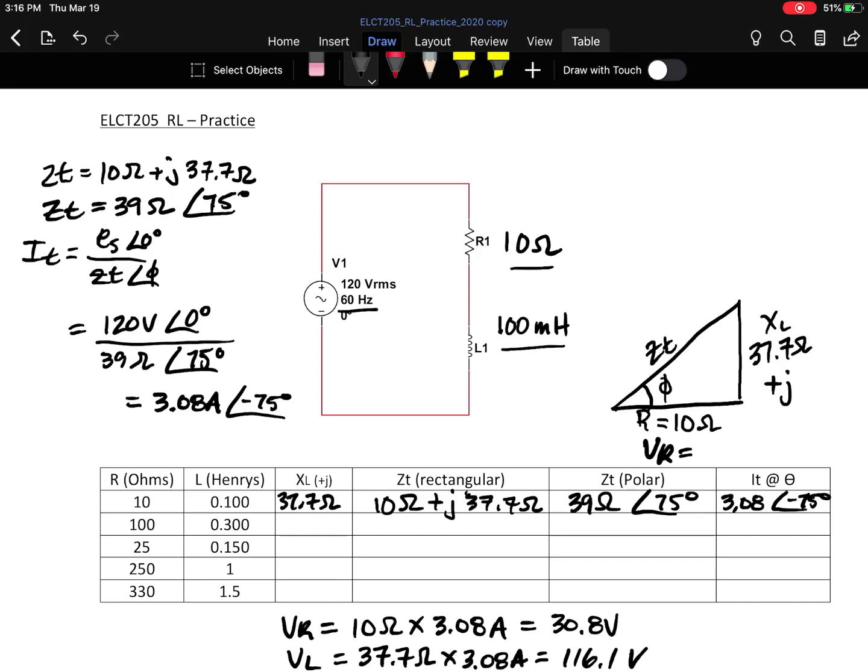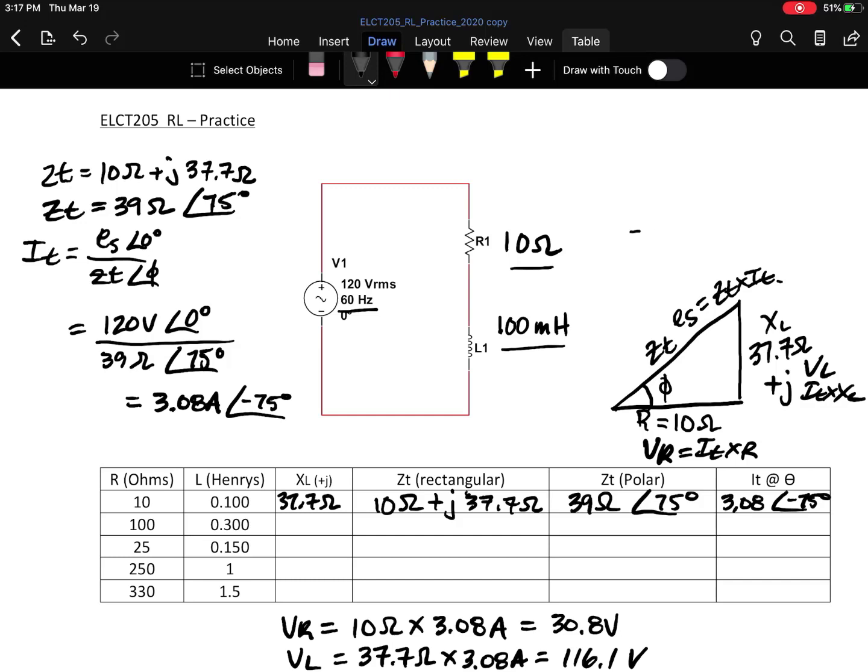So that is to say that VR is determined by R times I total, so I total times R. VL, I total times XL. And ES is going to be Z total times I total, right?